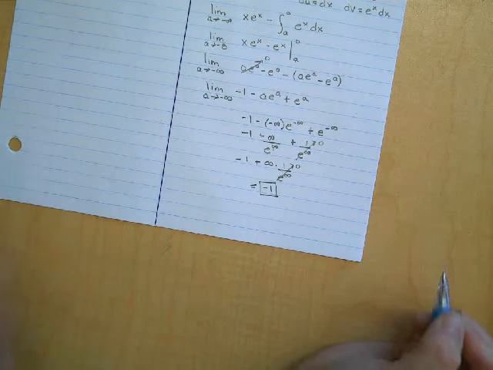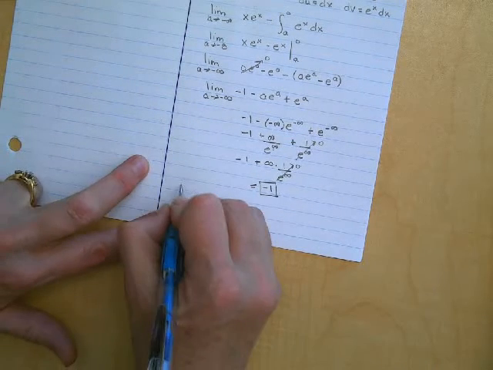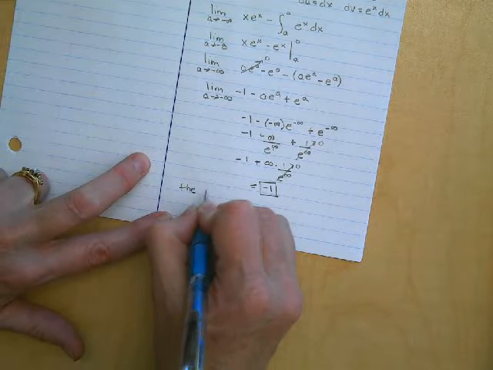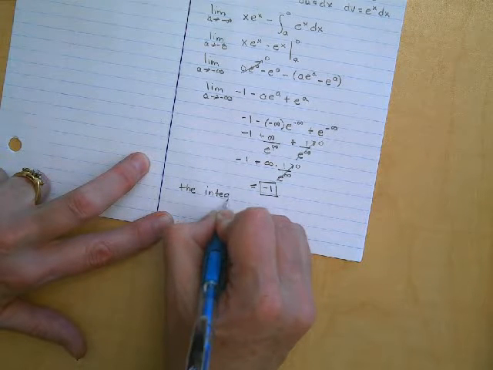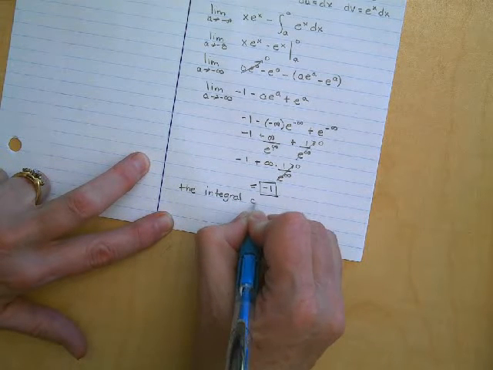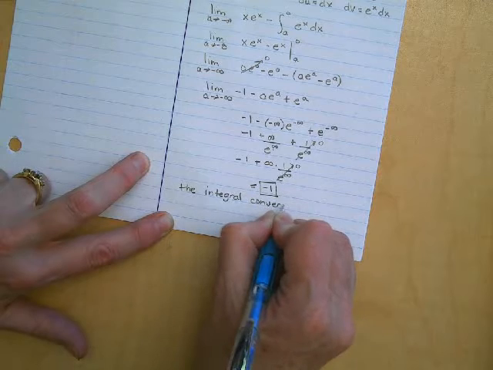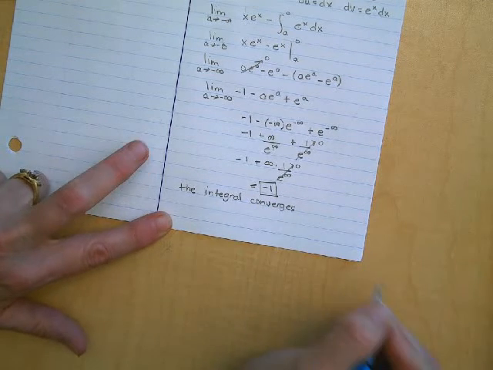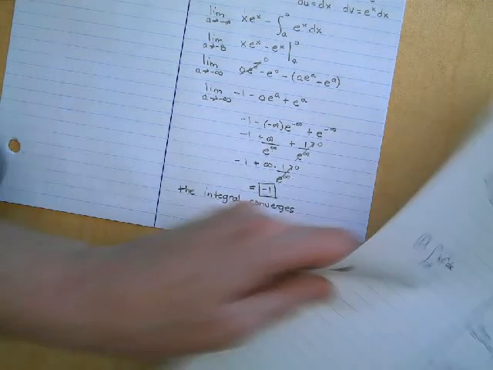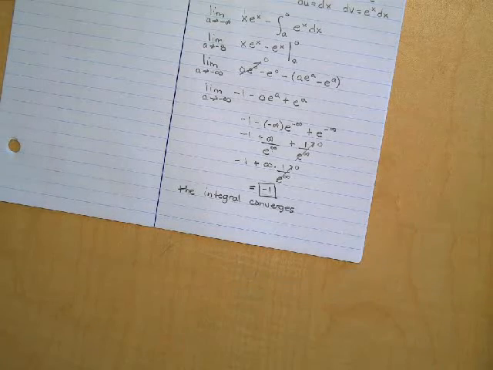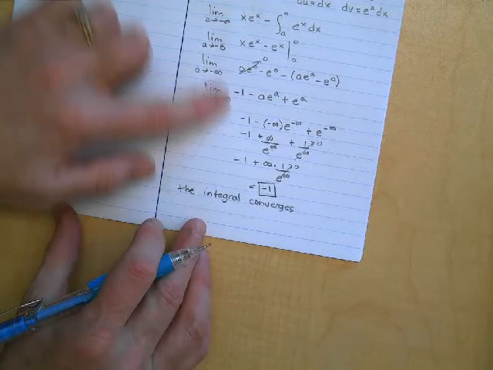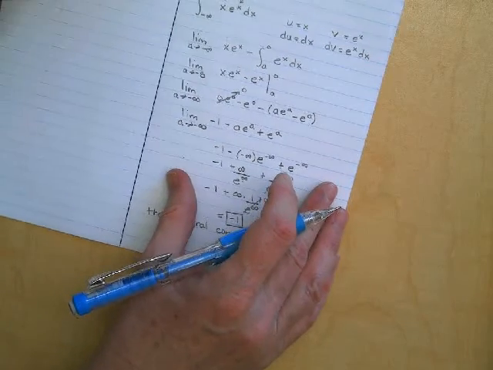So this is equal to negative 1, and we're going to say the integral converges. Okay, so that one had a lot of little stuff in there that we went over besides just improper integrals.